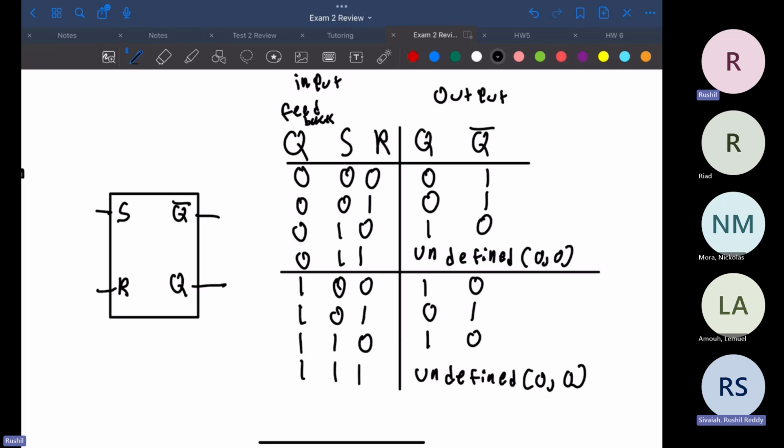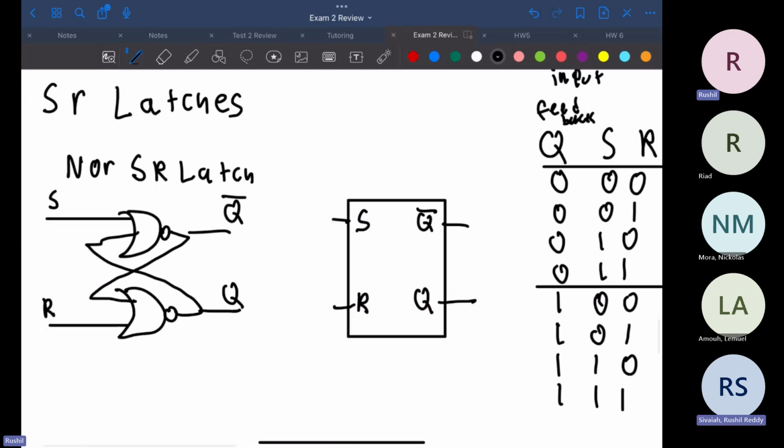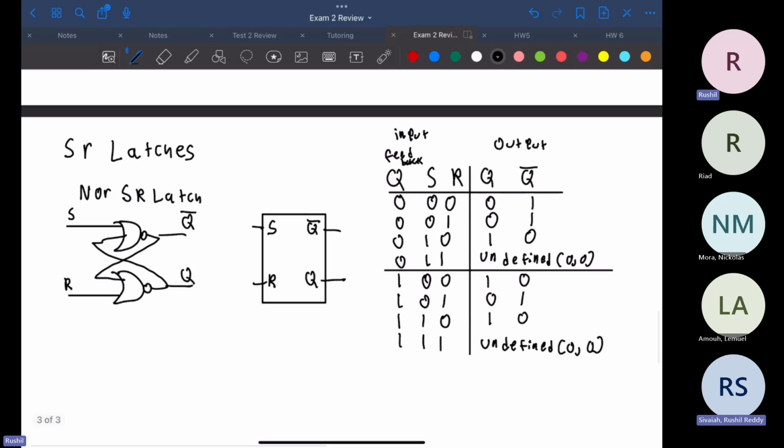Wait, I'm sorry. Could you explain how you got the outputs? Yeah. So if we look here, what set does is it'll always make your output Q a 1. That's just what set does, and reset will do the opposite. It'll set it as a 0.